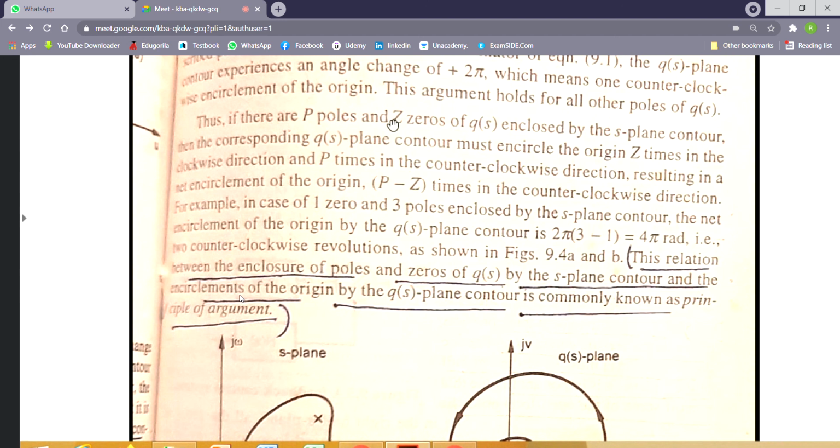So the corresponding QS plane contour will encircle the origin Z times in the clockwise direction and P times in the counterclockwise direction.